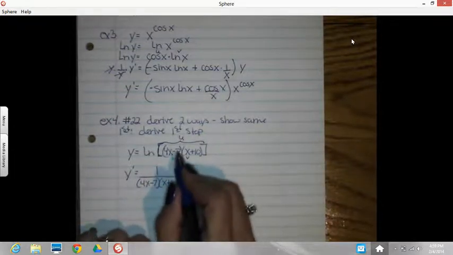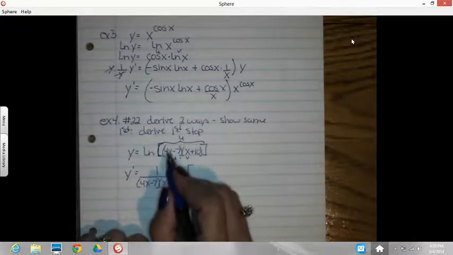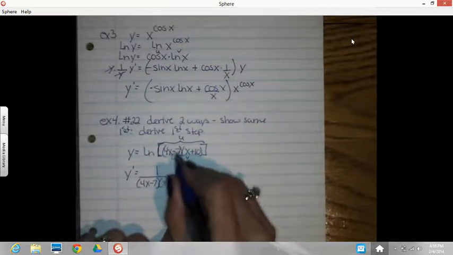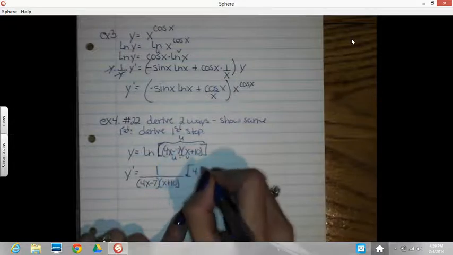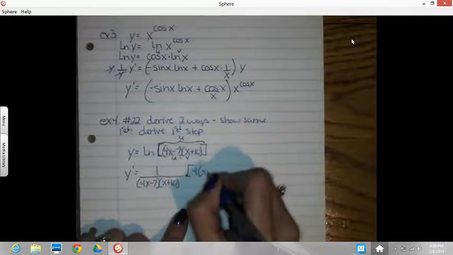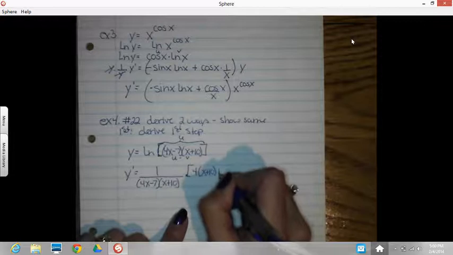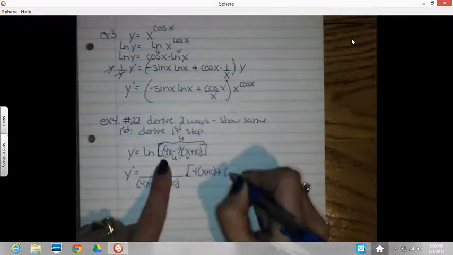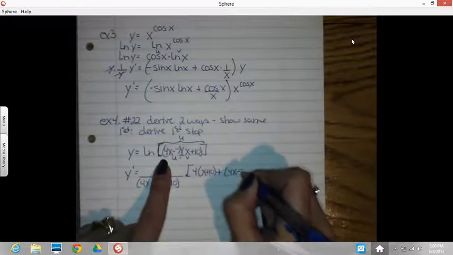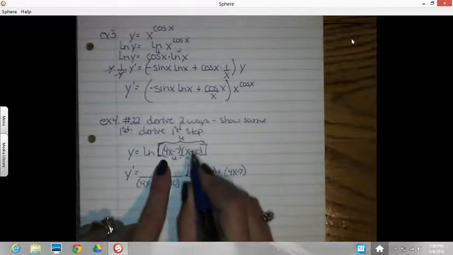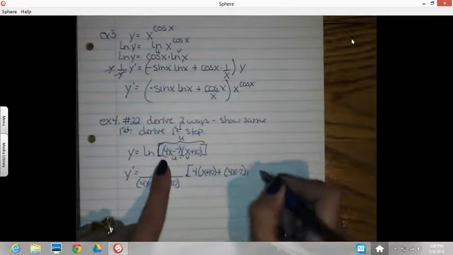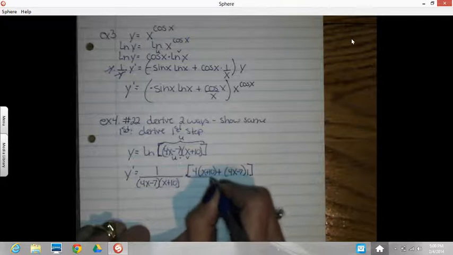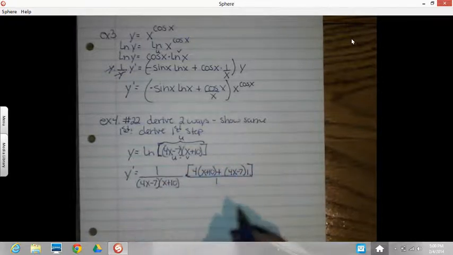So derivative of the u here, derivative of 4x is 4, times the derivative of this, which is 0, times x plus 10, plus, keep the first one the same, multiply by the derivative here, derivative of x is a 1, that's a 0, so that would be all over 1 if I want to keep things lined up.